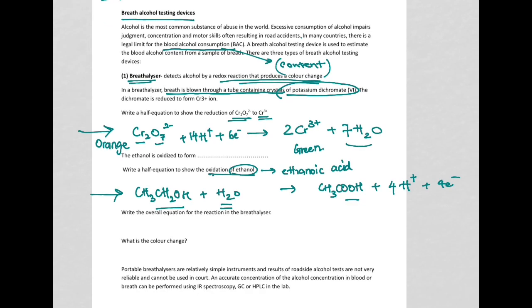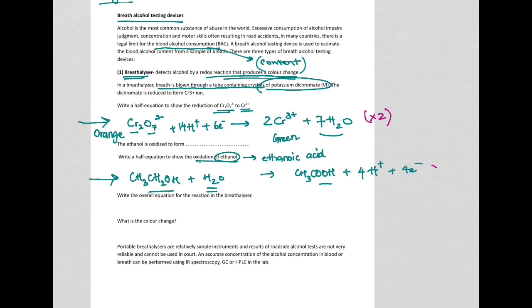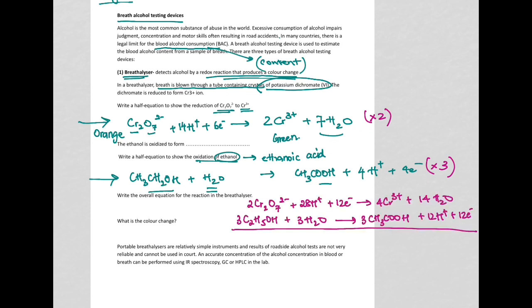And to write the overall equation, I'm going to multiply this by 2, and I'm going to multiply this by 3. So I change everything to 12 electrons. So the electrons will cancel out eventually. So these are the 2 equations written down after they have been multiplied, and you can see the electrons cancelling out.